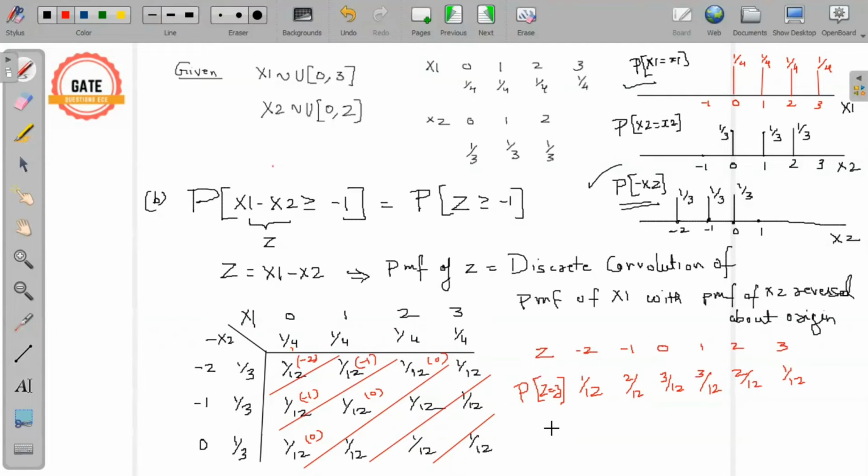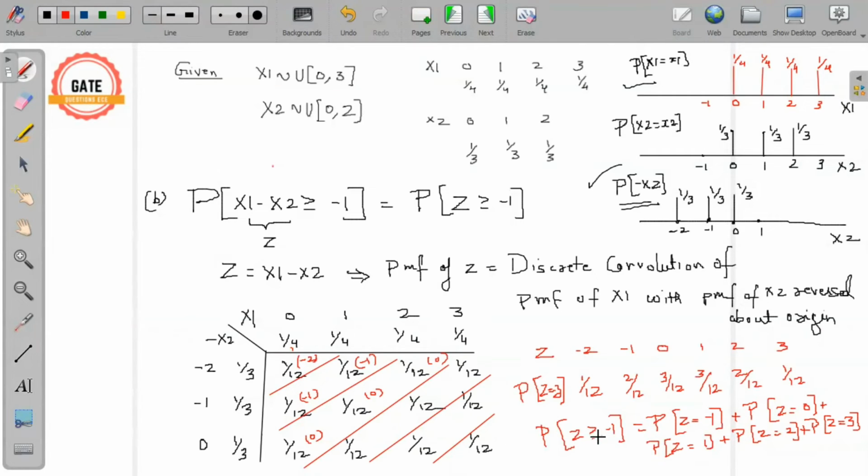So now he has asked the probability that z is greater than or equal to minus 1. This probability will be equal to the probability that z is equal to minus 1, plus the probability that z is equal to 0, plus the probability that z is equal to 1, plus the probability that z is equal to 2, and lastly the probability that z is equal to 3.